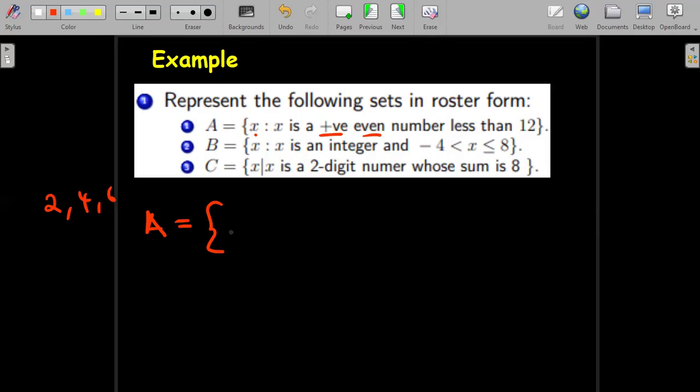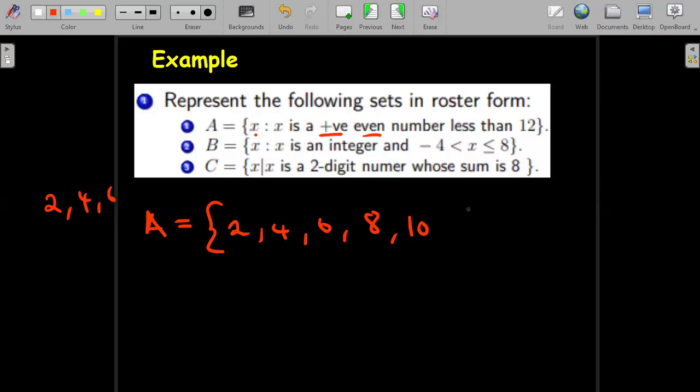So now to list this, we'll continue listing, but we list up to those that are less than 12. So the smallest even number that we have is going to be 2, because they've said it has to be positive. So we have 2, 4, 6, 8, 10, and we can't write 12 because they've said the even numbers are less than 12 in this case.